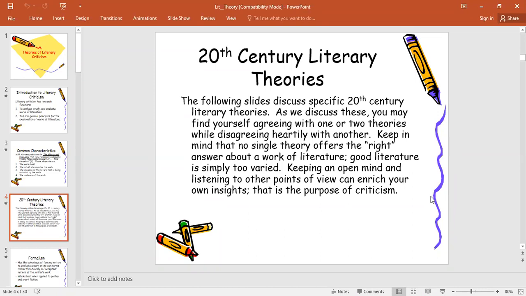In order to enrich their own knowledge, in order to enhance their own knowledge. That is the purpose of criticism. So over here, we have learned two things. Number one, your own knowledge, and number two, you should be very much open-minded to welcome others' points of view as well.